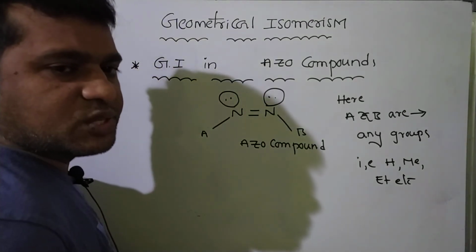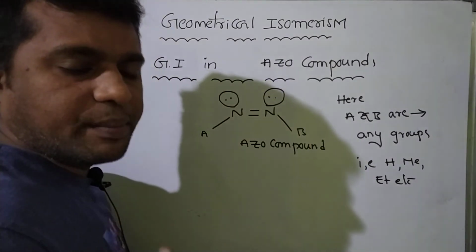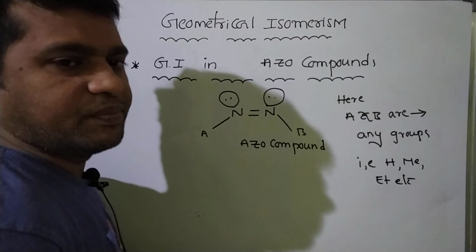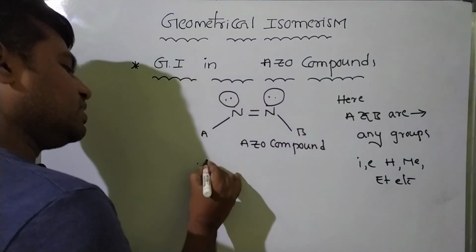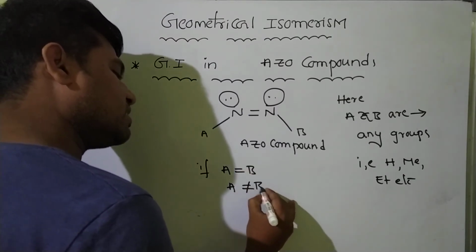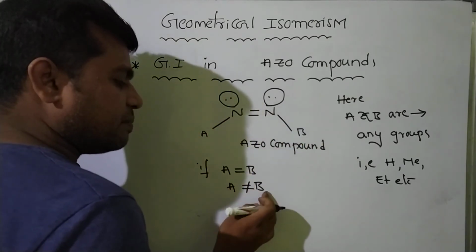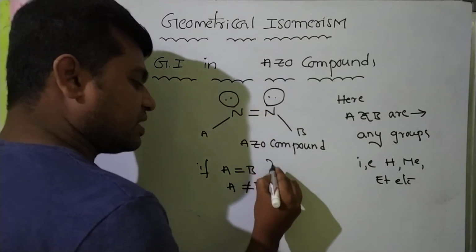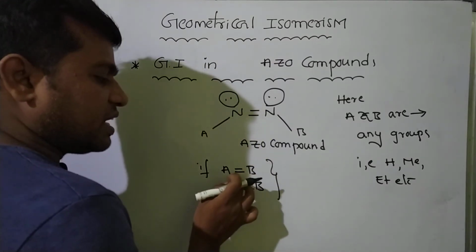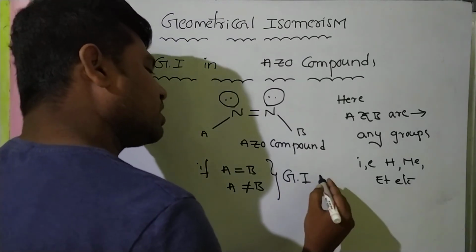In previous cases, in case of alkenes and in case of imines and oximes, the groups must be different. But here, whether A equals B or A does not equal B, whatever the case, irrespective of the A and B groups, whether they are equal or not, geometrical isomerism is exhibited.